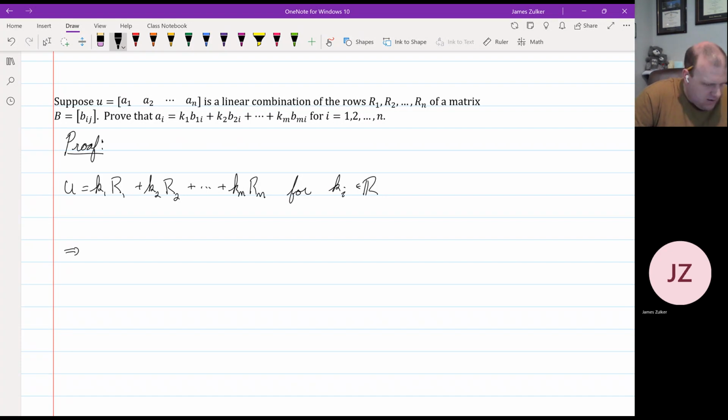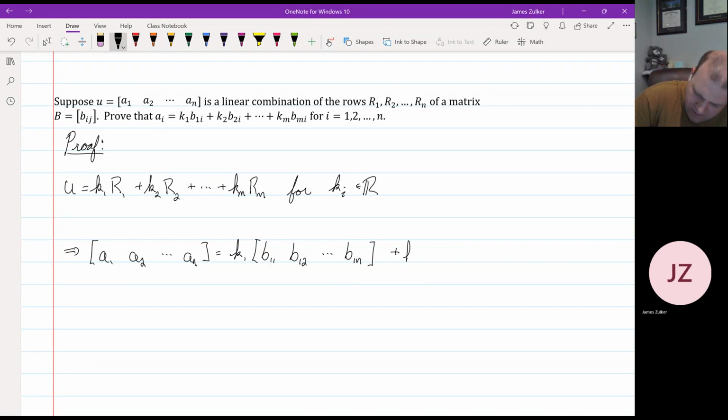All right, so this implies this would equal k1 times the first row plus k2 times the second row, plus so on and so forth up to km times the mth row.